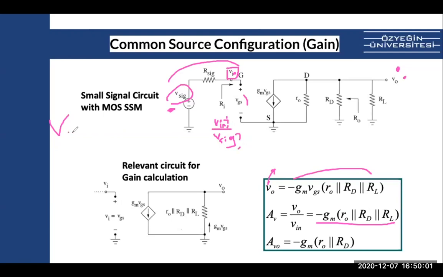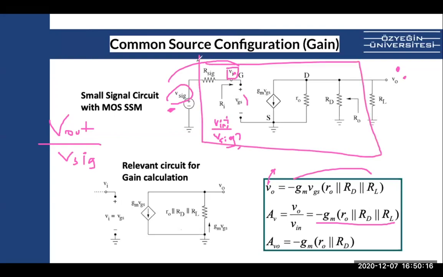Usually what we care about is V out over V signal, because when you connect a signal into the system, this is like a black box. You won't really be able to solve it separately.